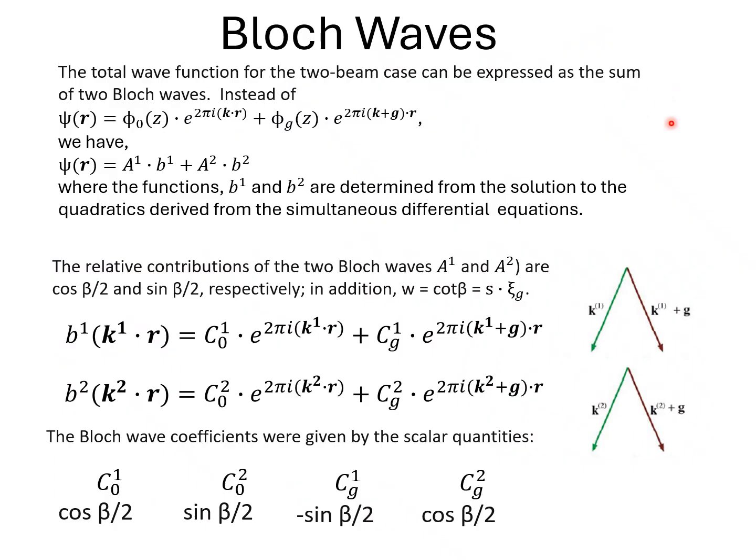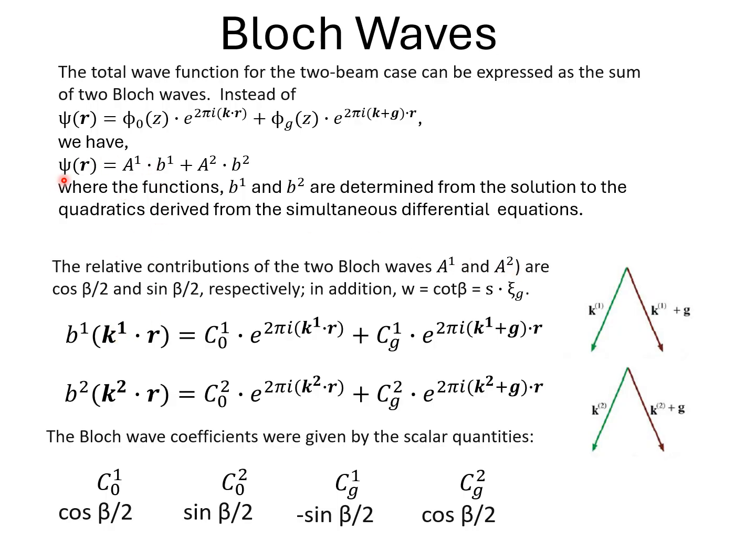So how does this work out formally? We go from representing the wave equation in the crystal, as I showed you initially, to representing it by a sum of Bloch waves with different multiplying factors. These amplitudes are a function of the deviation parameters.